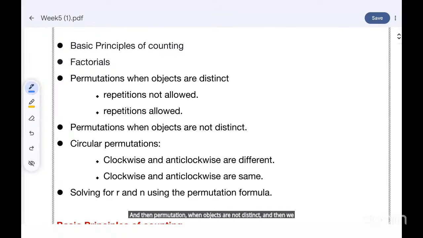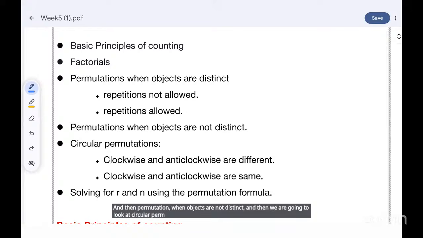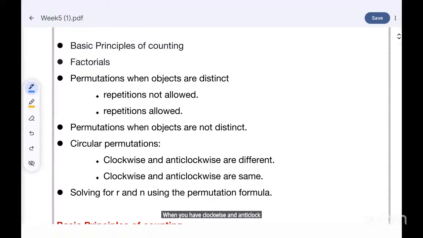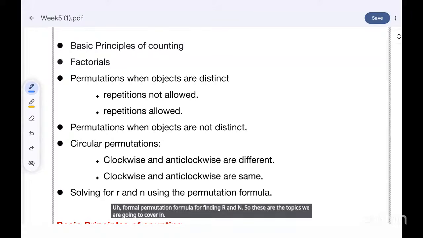And then we are going to look at circular permutations, where again you have two categories: clockwise and anti-clockwise being different, and being the same. And at last, we will be solving some permutation formula problems for finding R and N. So these are the topics we are going to cover in today's session.